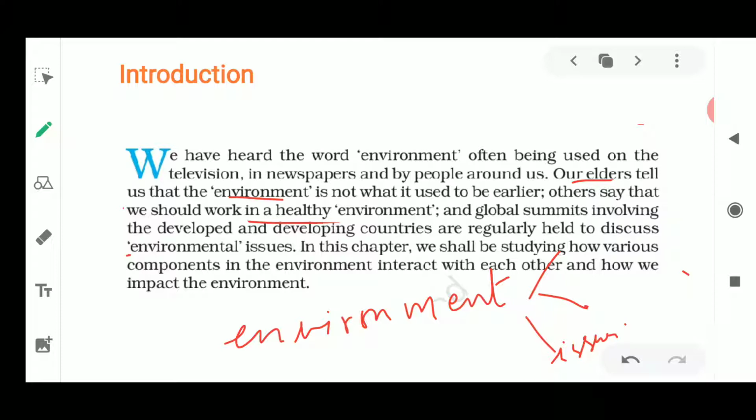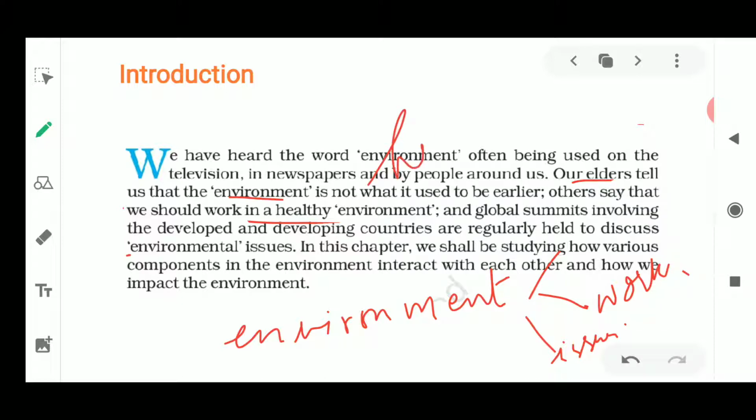Next is our workplace environment, which means we should always live in a healthy environment. Why should we live in a healthy environment? In class 9th, in the chapter 'Why Do We Fall Ill', you might have studied the meaning of the word health.